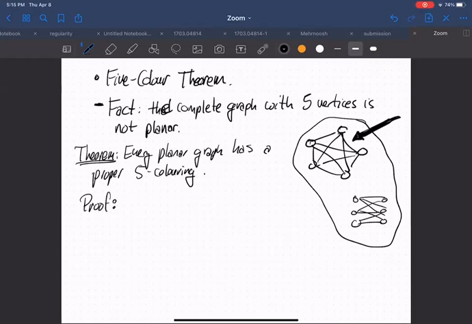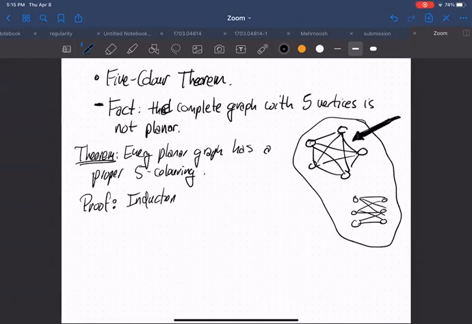Now the strategy that we used last time, just taking a vertex of degree 5, taking it away and coloring, isn't going to do it for us, because when the induction returns, or the recursion, if you like to think about programming, it could be that all 5 neighbors end up having different colors, in which case there's nothing left for that last vertex, the one that I want to put back and color. So we have to be more clever. But otherwise, things are going to go the same way.